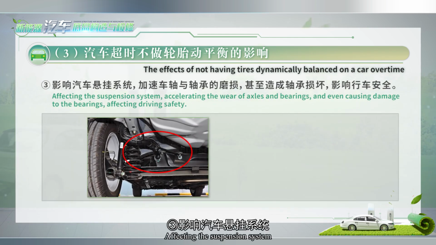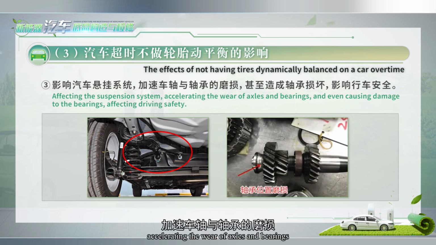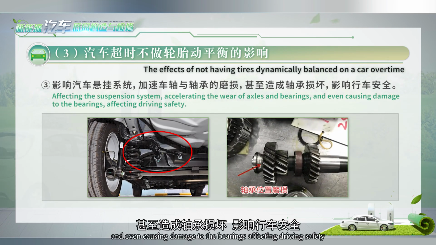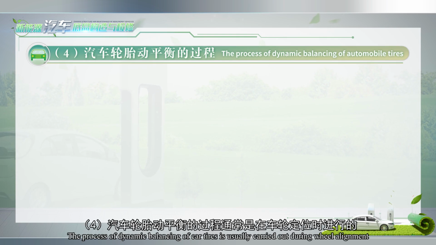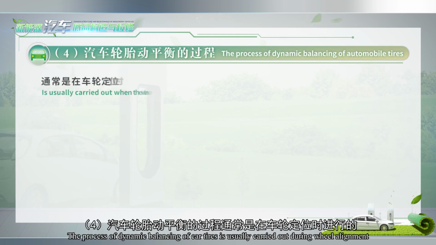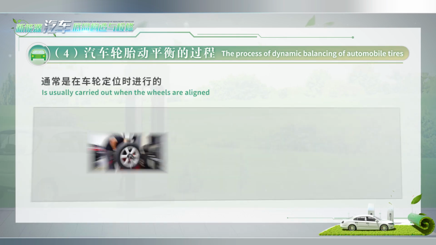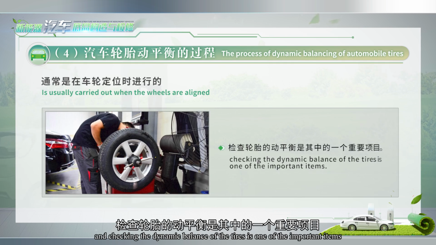It also affects the suspension system, accelerating the wear of axles and bearings, and even causing damage to the bearings, affecting driving safety. The process of dynamic balancing of car tires is usually carried out during wheel alignment, and checking the dynamic balance of the tires is one of the important items.